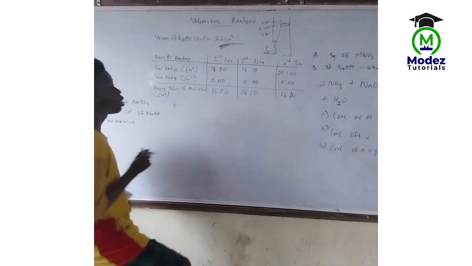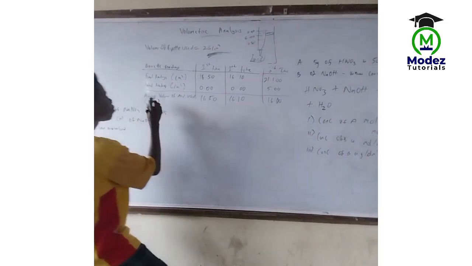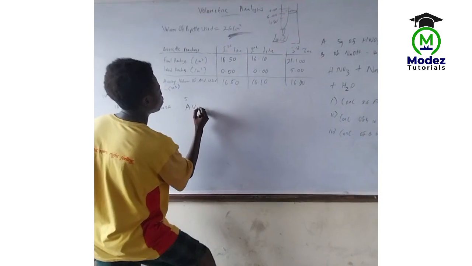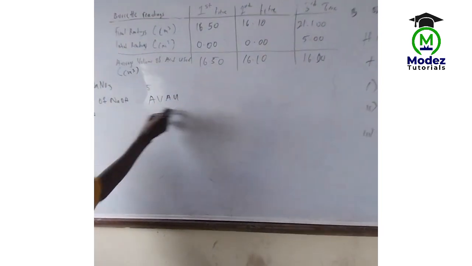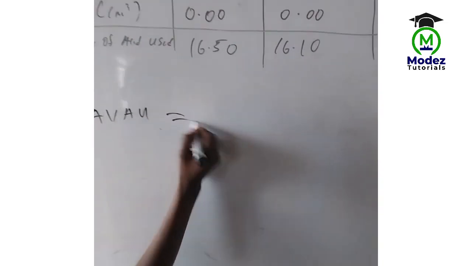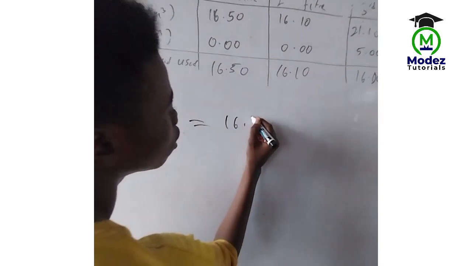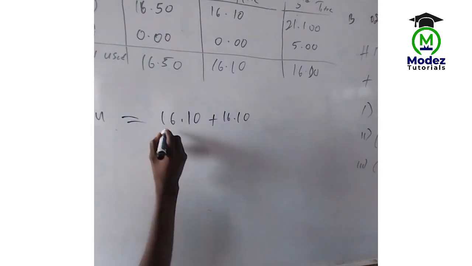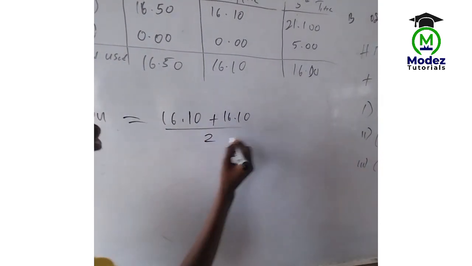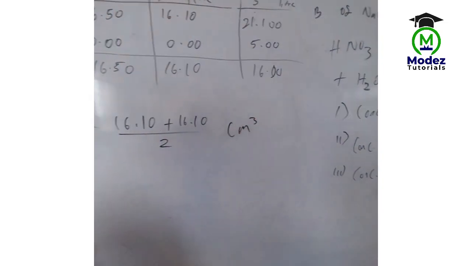So let's go to the average volume of acid. Don't shorten it like this, your examiner will be confused. So I'm just going to pick 16.10 plus 16.1. You must follow these steps exactly as I'm doing it. Make sure you put the unit.